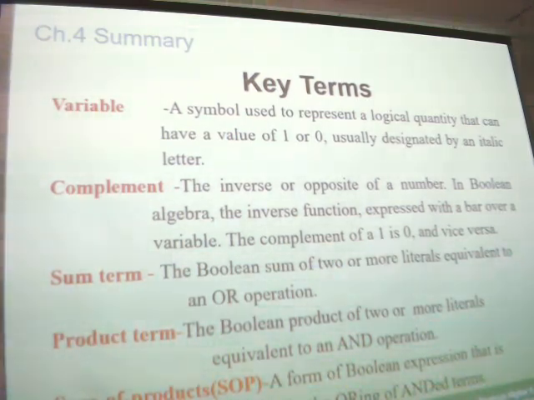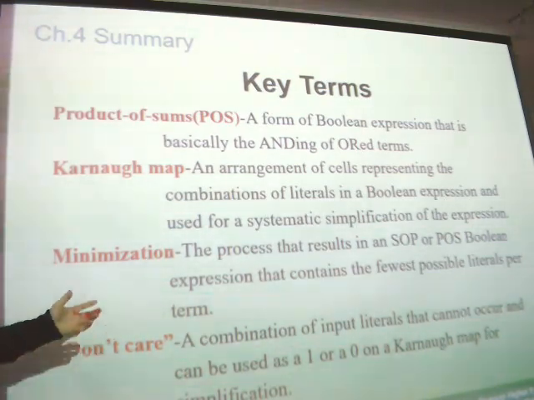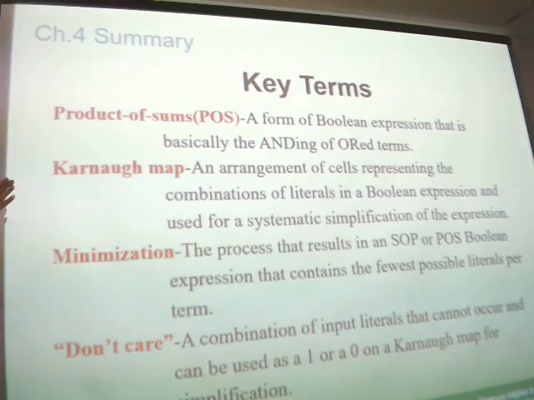Sum of products, SOP, is a form of Boolean expression that is basically the OR of AND terms. Product of sums is a form of Boolean expression that is basically the AND of OR terms. We didn't learn this form.